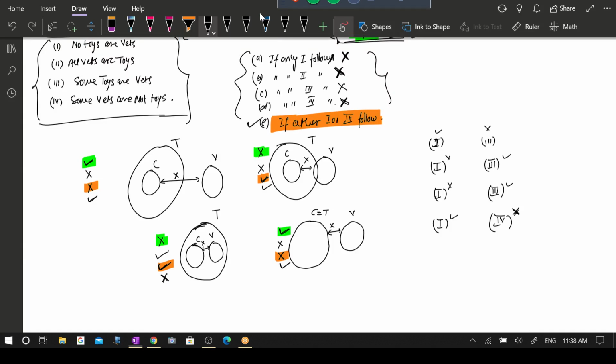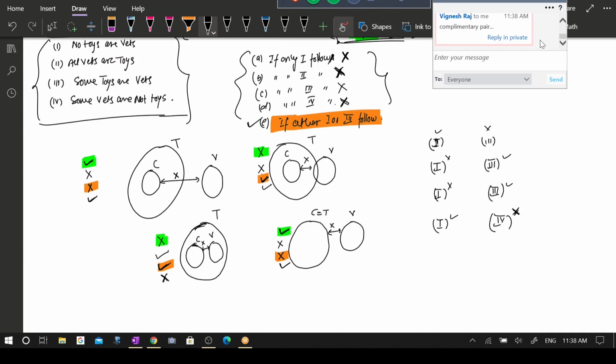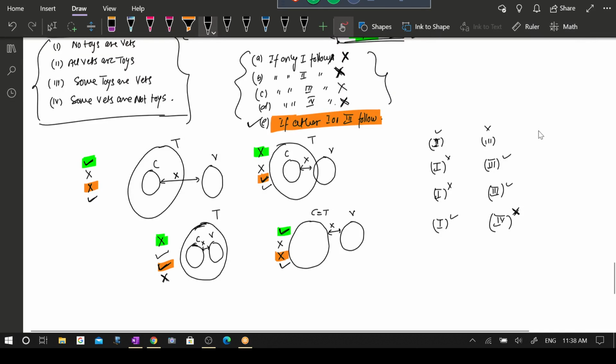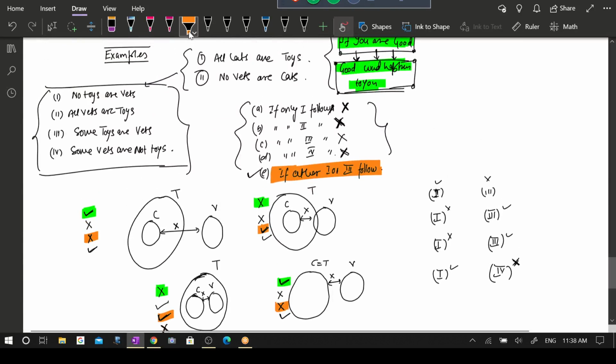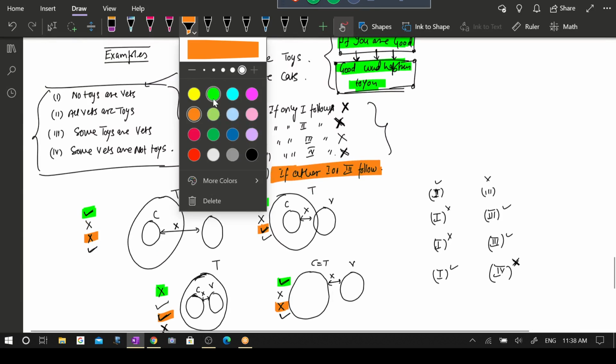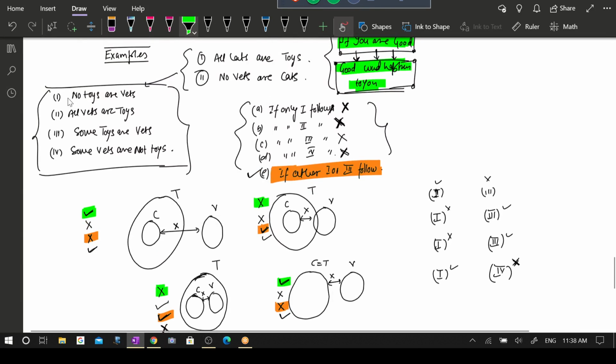You remember that, complementary pairs. They complement each other. When you do a lot of examples, you will realize that when you see no toys are vets, you would try to see some toys are vets also.